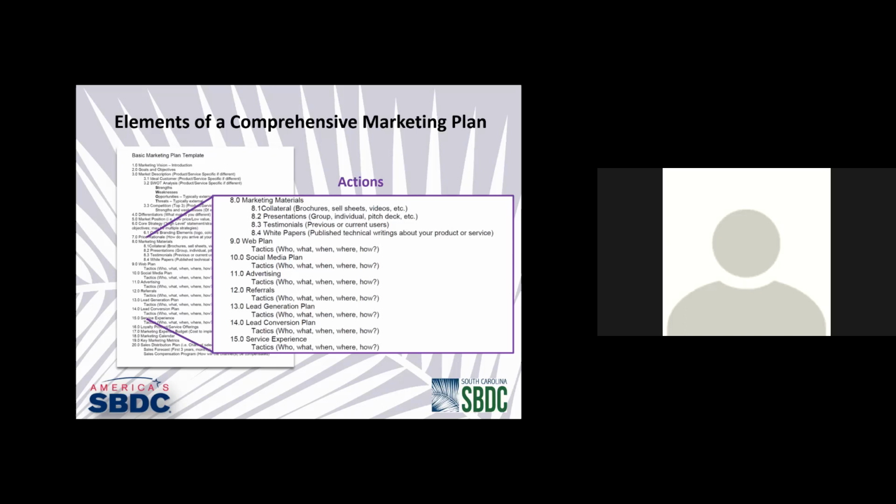To stop pests from coming into your homes. Perhaps you want to have a piece of collateral that tells about your various services and so on and so forth. Okay? Or if it's the type of business that you gather people together, maybe for coffee or something like that, maybe you want to have a pitch deck or a presentation to tell people about your business.